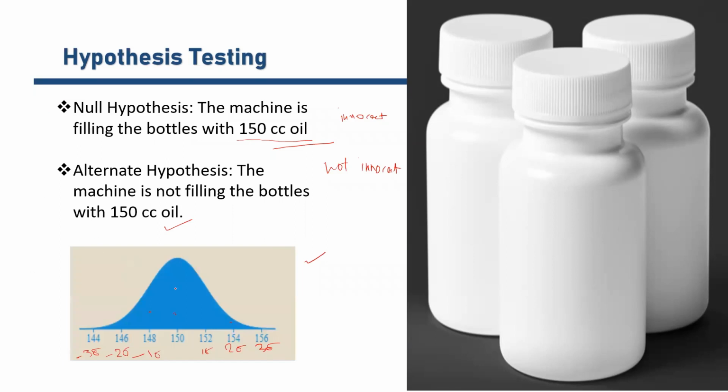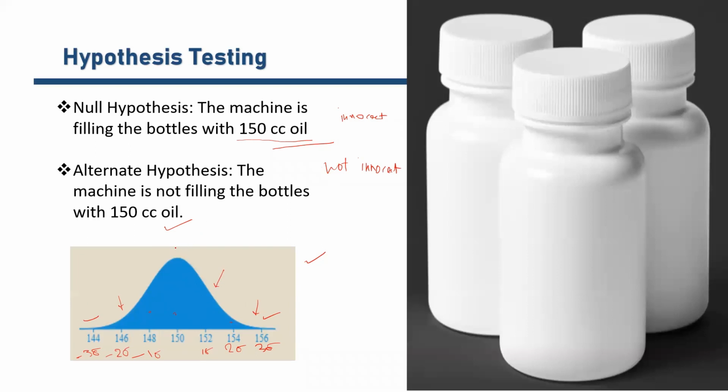Because if I want to check whether the machines are filling the bottles with 150 cc, it might fill with 146, it might fill with 156 or 152. So you have two tails, and your data point can be anywhere. This is why this is called a two-tail test.